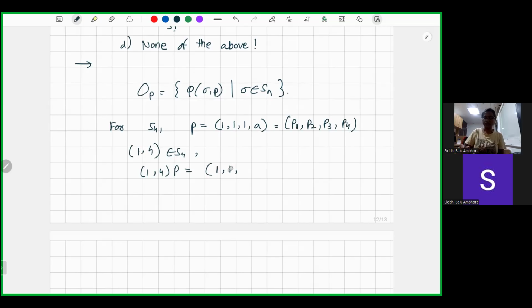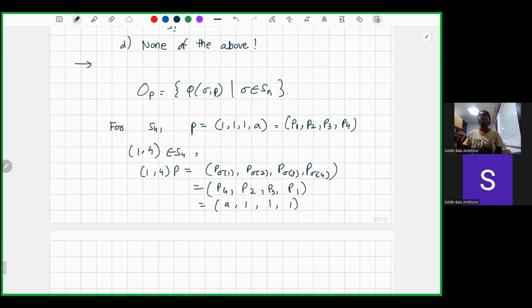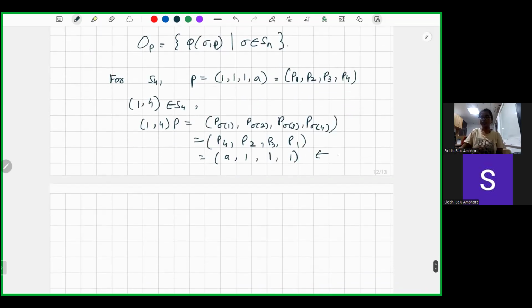This is P sigma 1, P sigma 2, P sigma 3, and P sigma 4. So P sigma 1 is P4, then P2, P3, and P1. P4 was my A, so we get A, 1, 1, 1. Okay, this is my first element, which is different. So for now, this element belongs to OP.